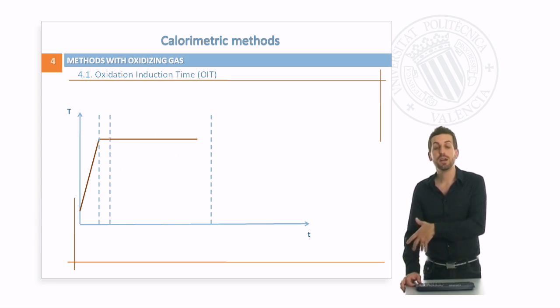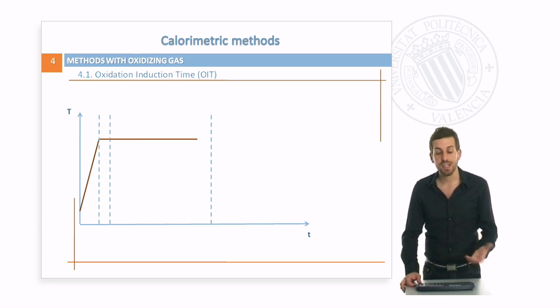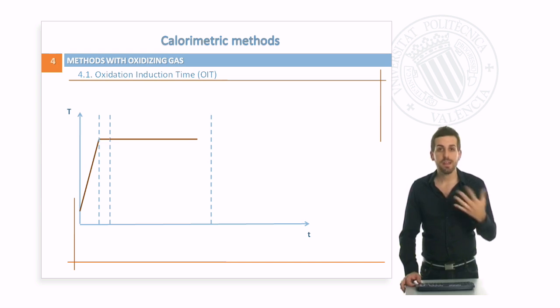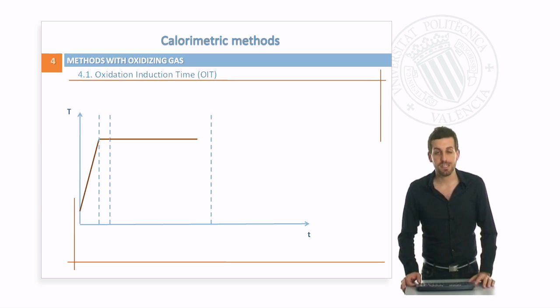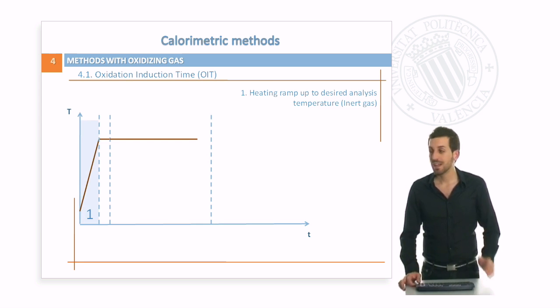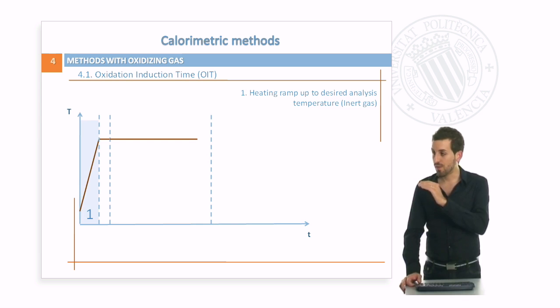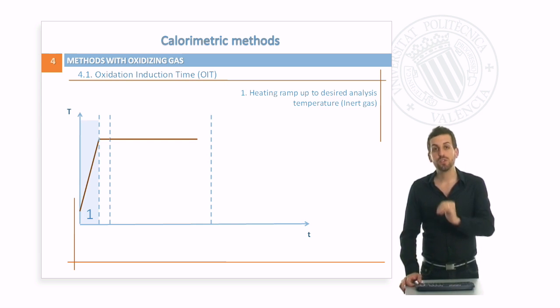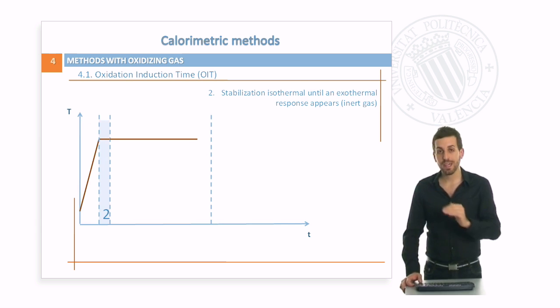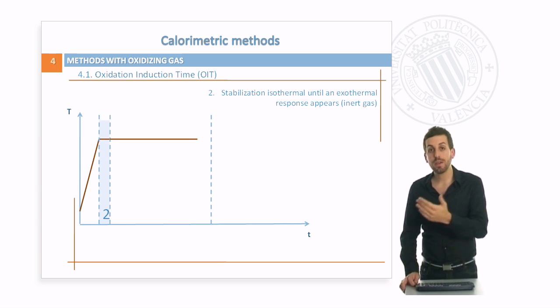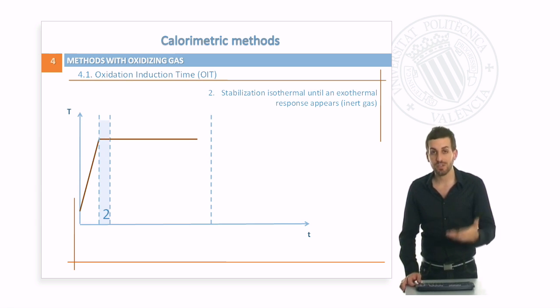Now, if we want to apply some reactive gases, we have two main different experiments. This one is performed in order to obtain the oxidation induction time. As a first segment, we define an inert gas, we heat from the ambient temperature to a specific temperature, as we will see, and then we keep at this temperature until an exothermal response appears in our DSC registration.